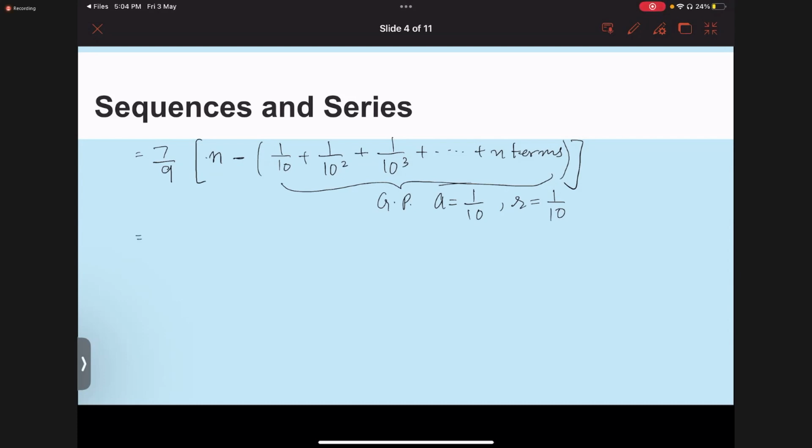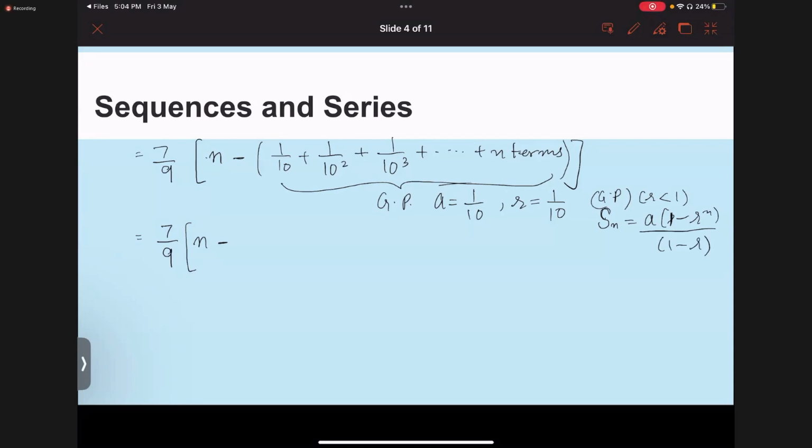So therefore, in a simplified way, you can find the sum. Now you write the series formula for the geometric progression. What is the series formula for a geometric progression? Sn is a. So over here you have 1 upon 10. Here we have r less than 1, so this will be (1 minus r^n) upon 1 minus r.